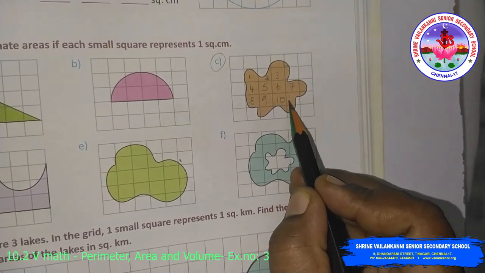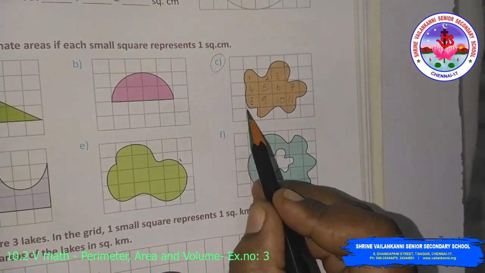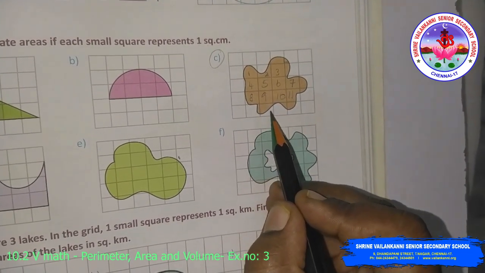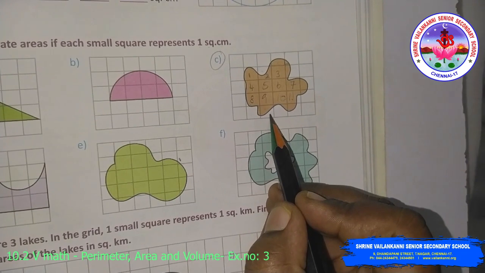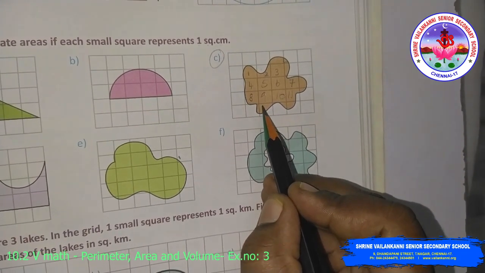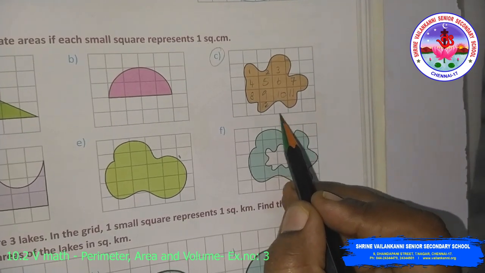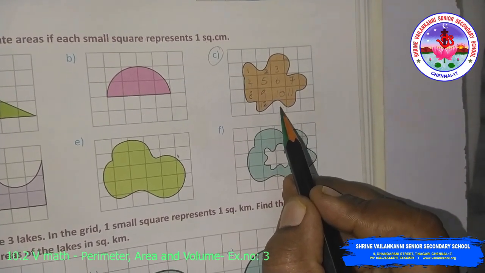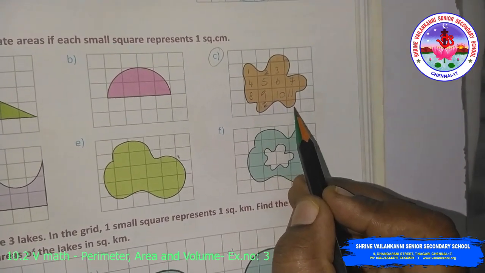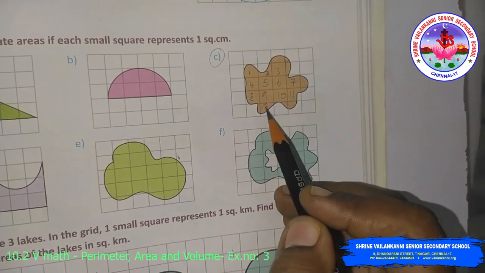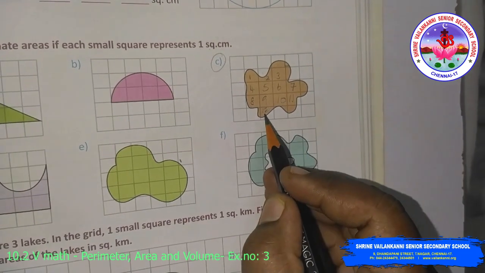This is also more than half, 11. This box is less than half, I'm not going to count. This is half, so I'm counting it as 12. This box I'm not counting because the shaded part is very small, lesser than half. So totally I'm counting 12.